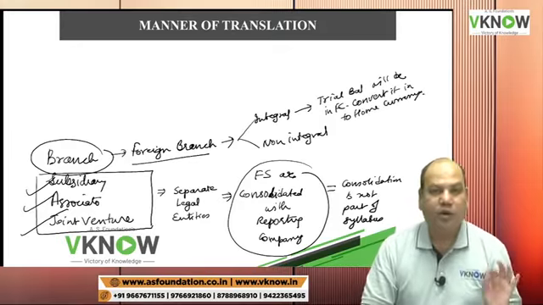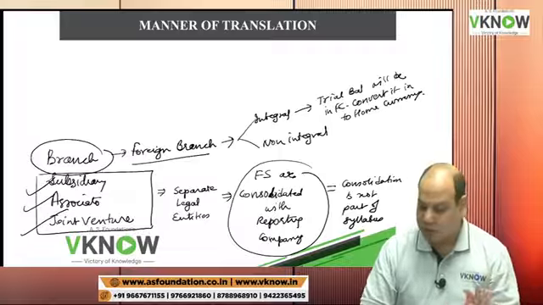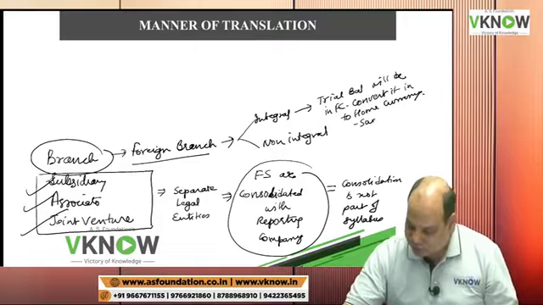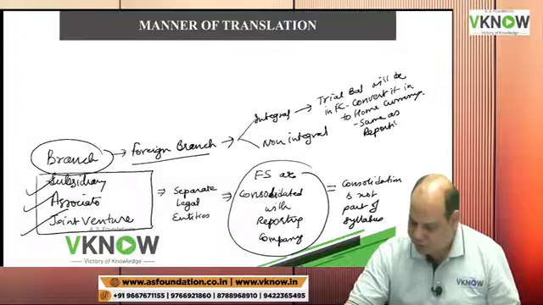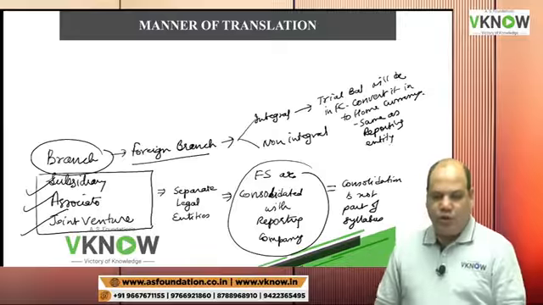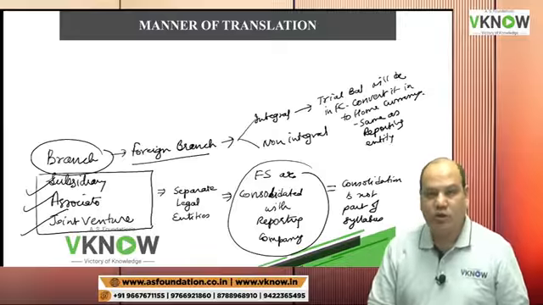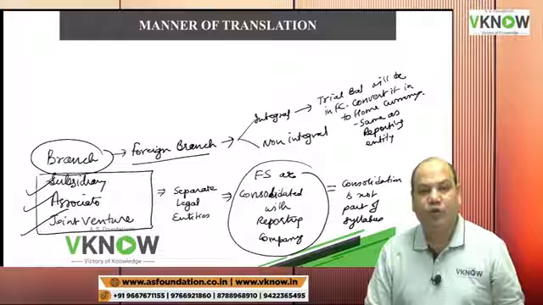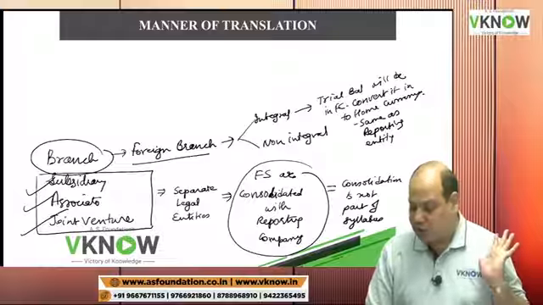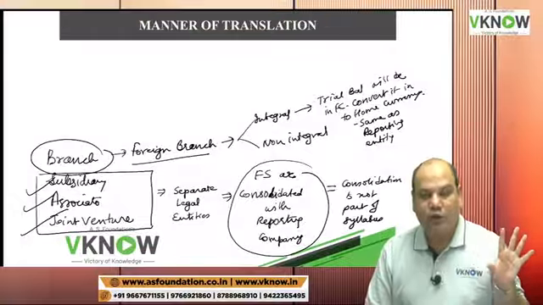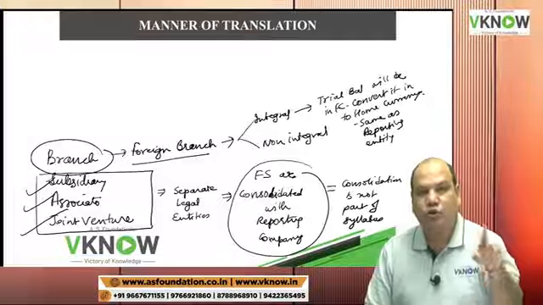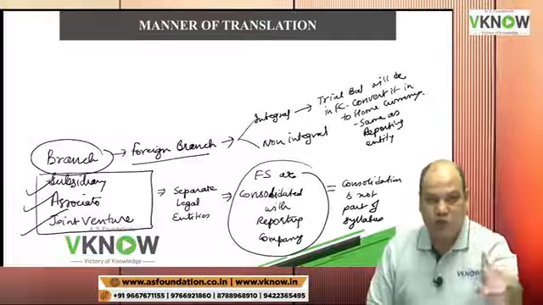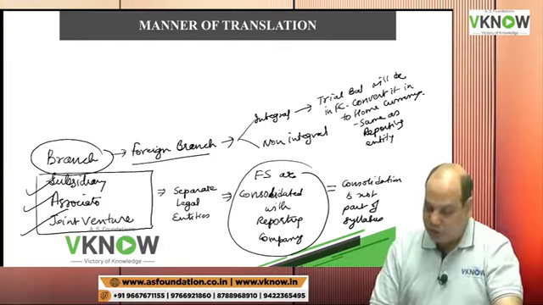What will be the methodology of conversion? Same as the reporting entity. Whatever rules and regulations I told you in the previous two lectures will be applied for an integral foreign operation. You just apply the same set of conversion rules which you applied for the reporting company.